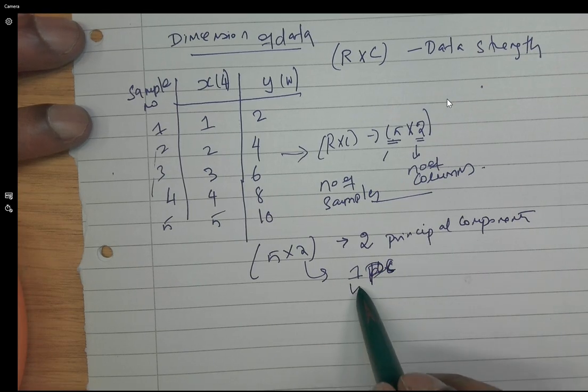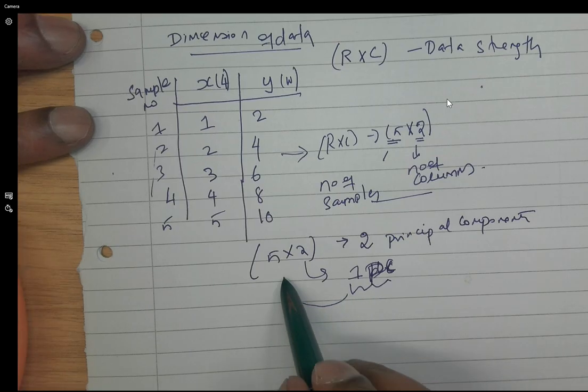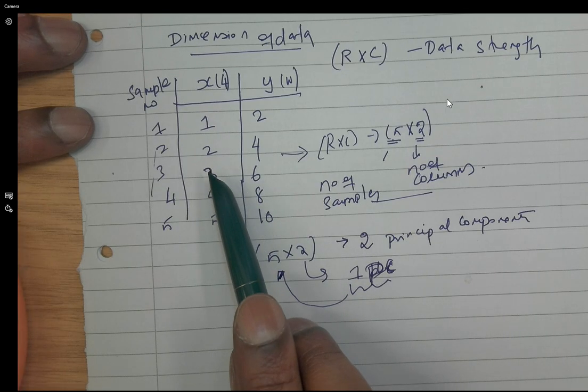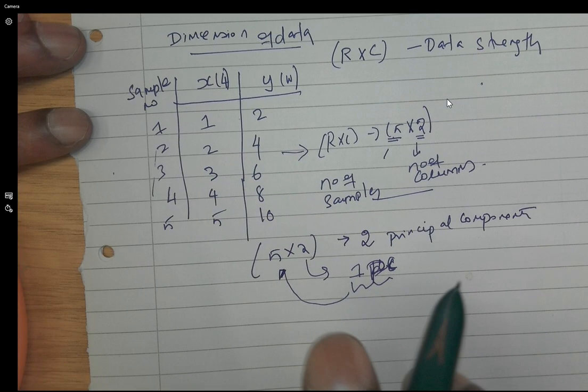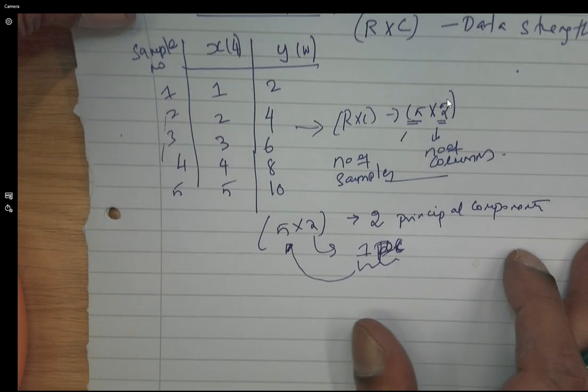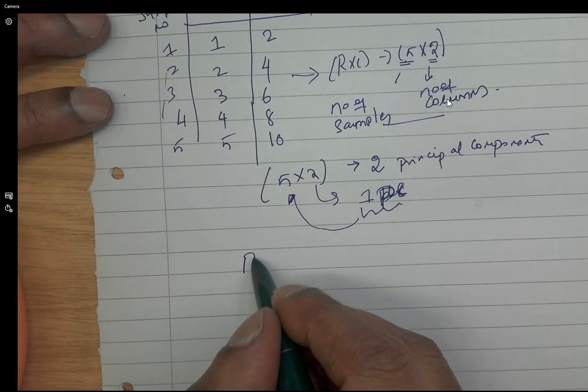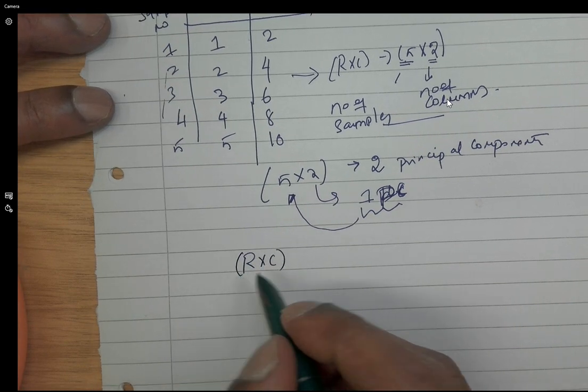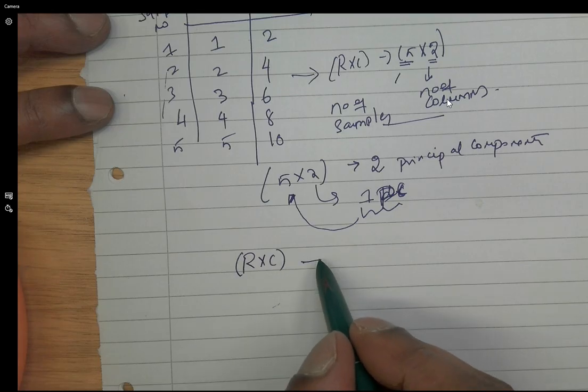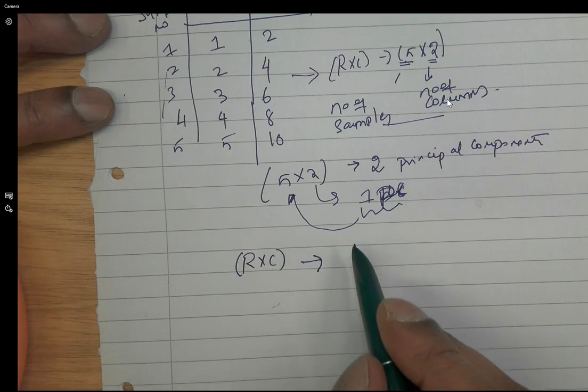But this one PC will have nearly all the information from the two variables x and y. So now we are going slightly into the rules of PCA. If we have rows multiplied by columns as the dimensions of our data, we will get C number of components.